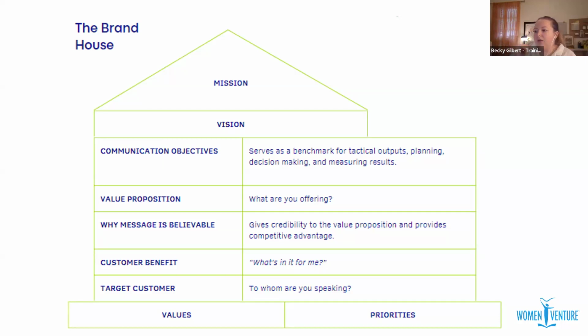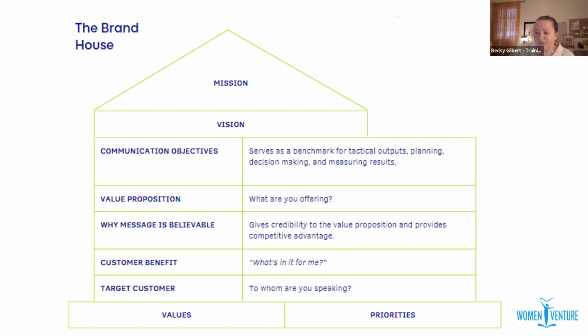The customer benefit: what's in it for me? It's a crass way of saying it, but it speaks to what the customer is going to get out of your business. If they are looking at your brand, what do you want them to understand about the benefit for them? And this goes hand in hand with: to whom are you speaking? Who's asking that question and who are you answering it to?